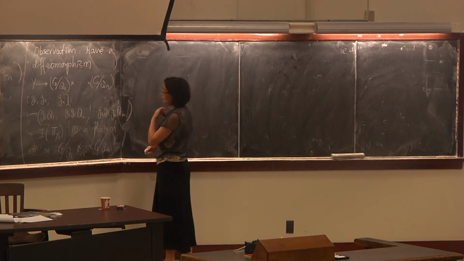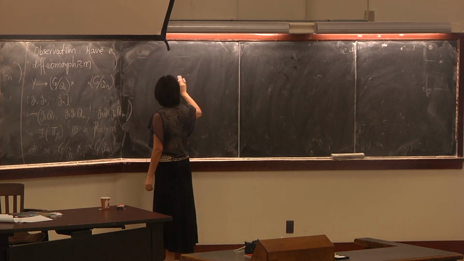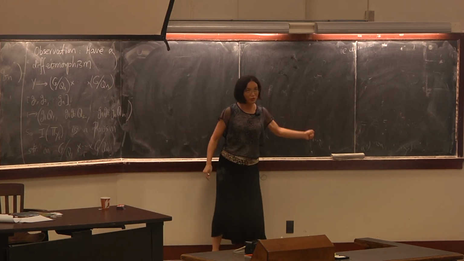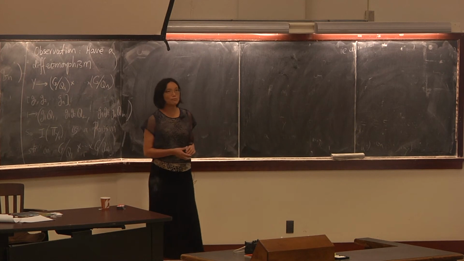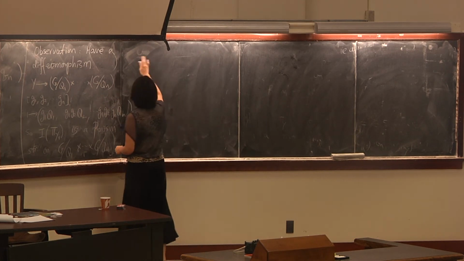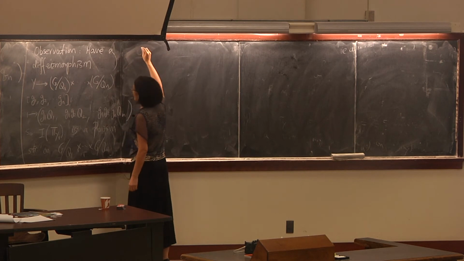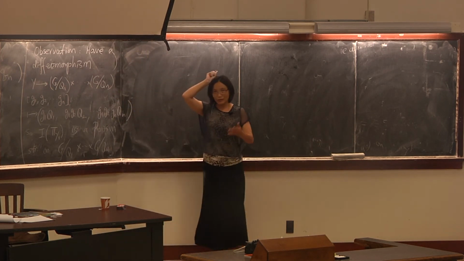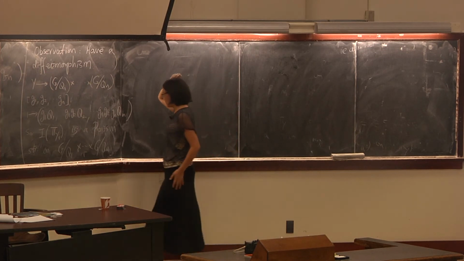The answer is that this does fall into this construction, but I have to invent a much bigger Manin triple. This is something that we realized, but I'd like to ask some of you whether you have seen this before.